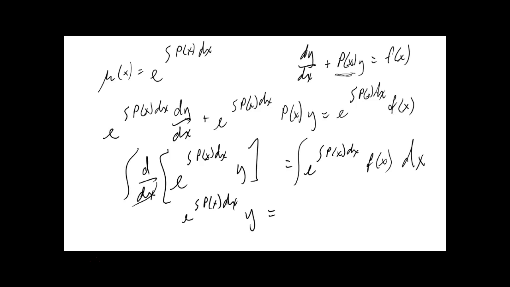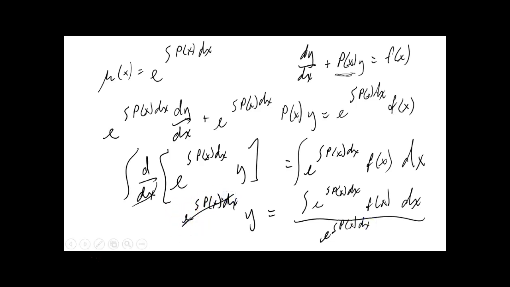Now, don't go around memorizing this. Then what you do is take the integral of e to the integral of p of x dx times f of x dx, divided by your e to the integral of p of x dx. Because when you divide both sides, that disappears.